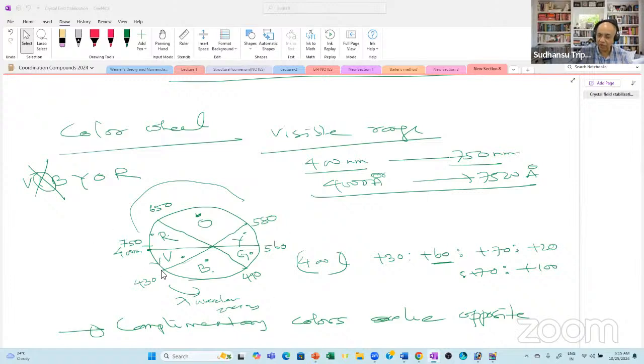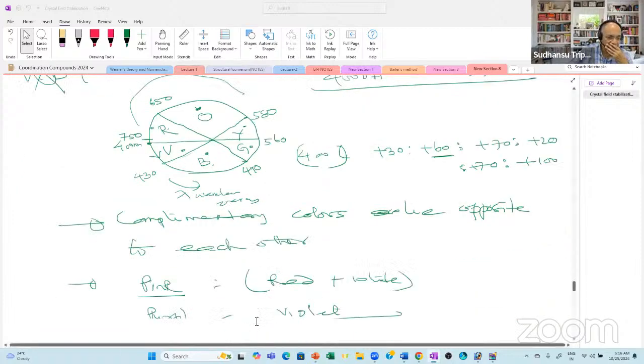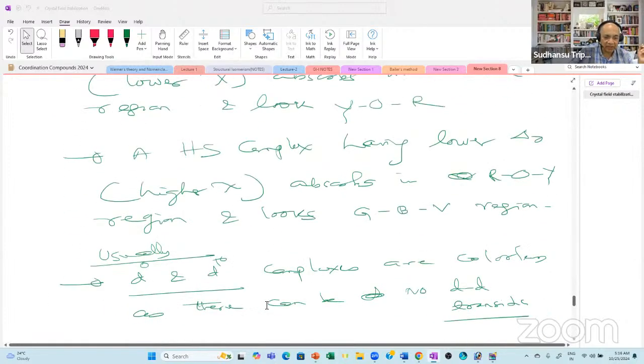You just ignore indigo, VBGYOR. So if a certain complex has higher delta 0, a strong field ligand, it will absorb in the VB region, and it will look YOR. But those whose delta 0 is less will absorb in the ROY region, and they will look GBV.